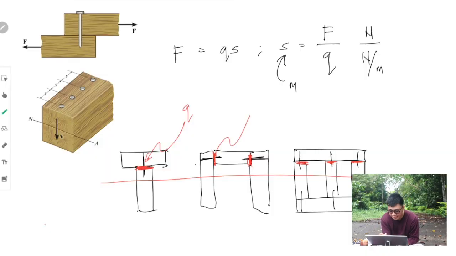But if there are two connections, the shear flow we need is Q over 2 for one member, for one part of this member. Okay? And if three, then you will use Q over 3. So remember that. For the shear flow, if there are two connections, you divide by 2, because two are supporting the shear flow. If three, you divide by 3.